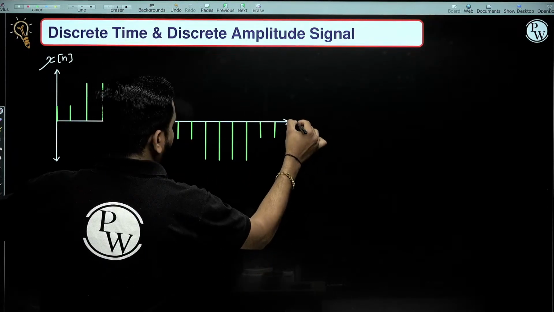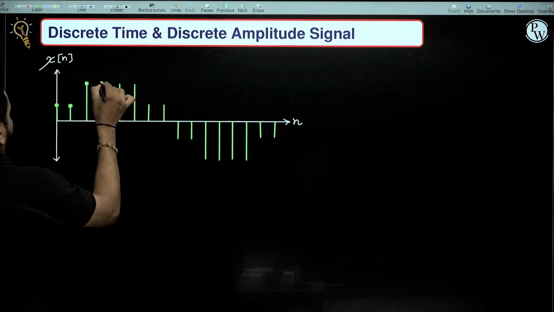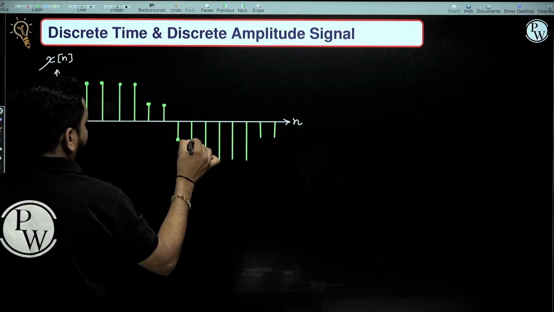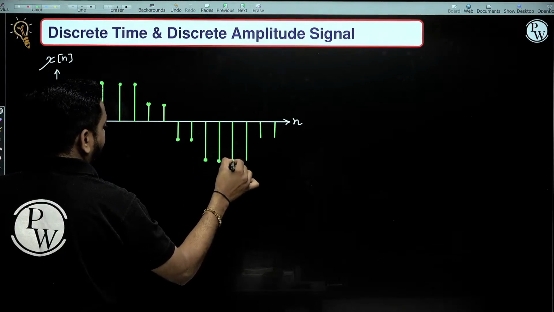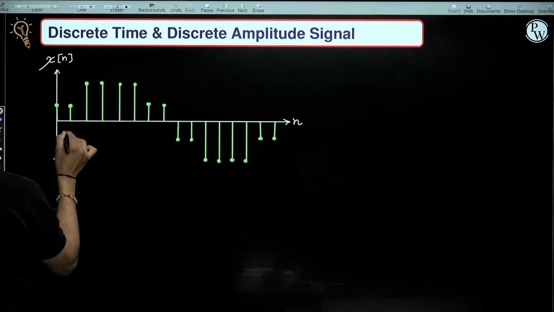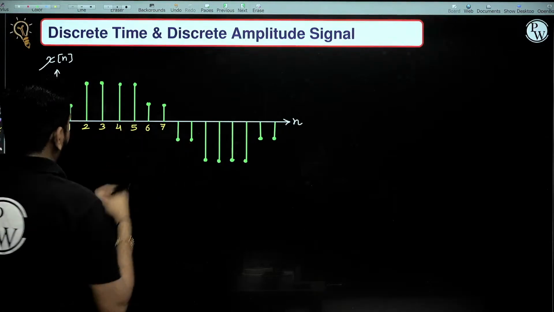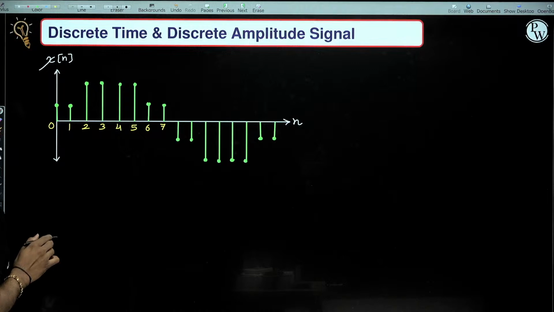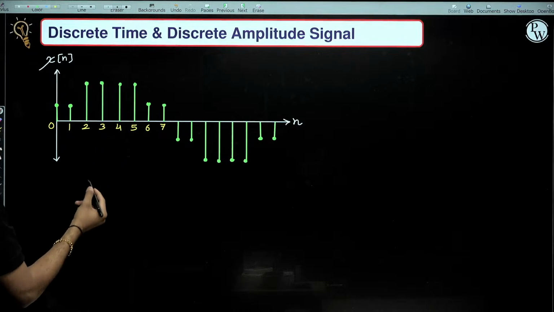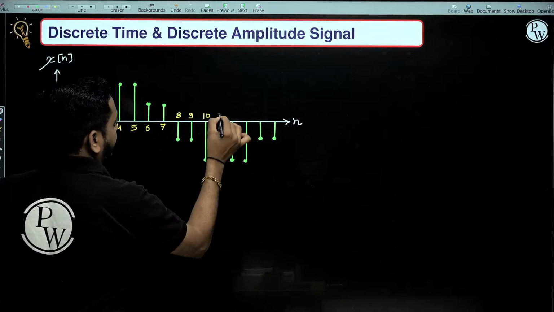Amplitude and time both are discrete. Let us consider this is 1, only the integer values. So you can see the signal is not present between 1 and 2. Similarly, the signal is not defined between 2 and 3, or between 3 and 4. Here the signal is defined only for integer values of n, guys, like 8, 9, 10, then 11.